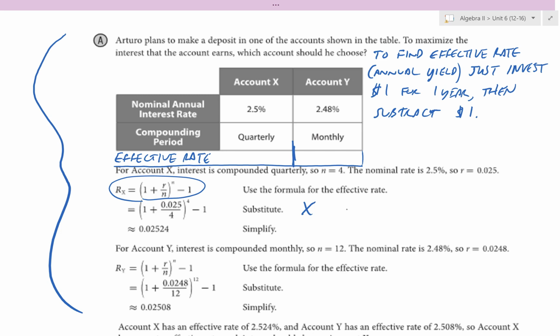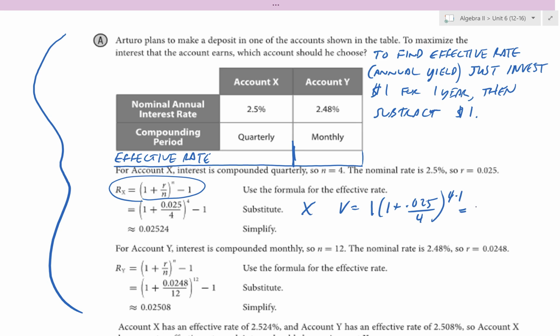The value after 1 year is $1 as our principal times 1 plus 0.025 over 4, since it's quarterly, raised to the 4 times 1. That's an expression I can just type right into the calculator.